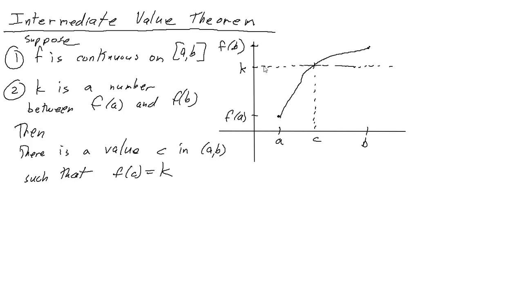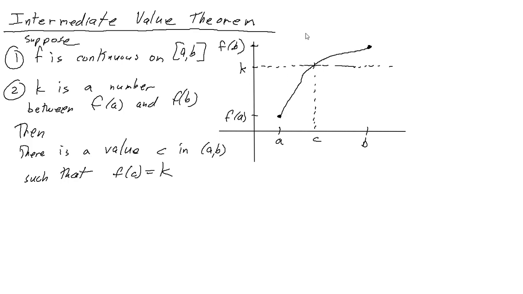So again, if it's continuous, you can see that in order to go from this point to this point, it's going to have to cross every intermediate value between f of a and f of b. Now we don't know anything about values outside of f of a or f of b.